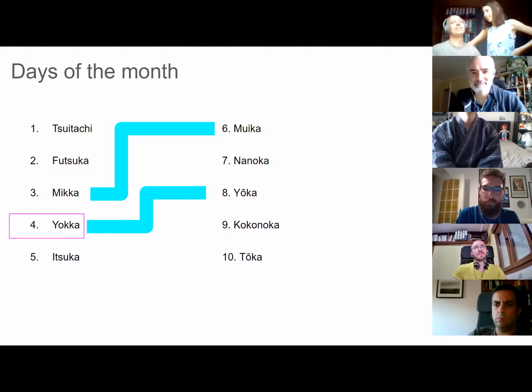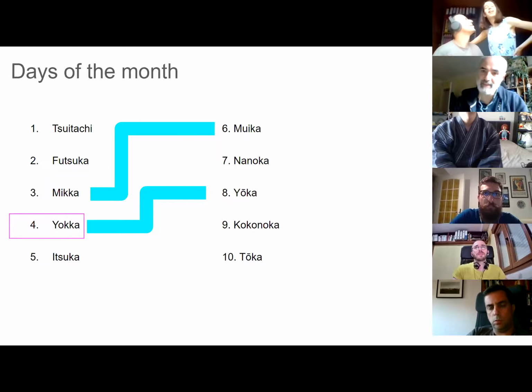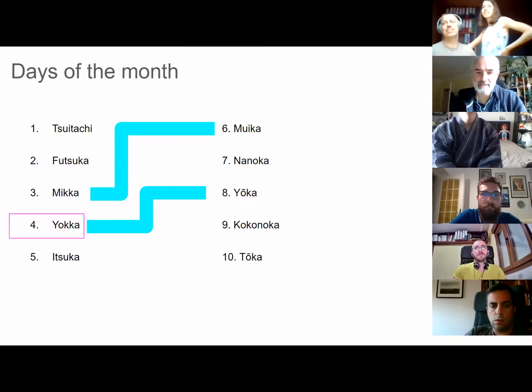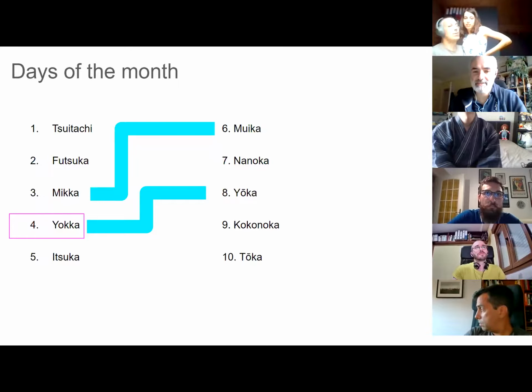Do I put first 土曜日? So 土曜日は and then the month and then the day. 9月 はい。5日です。 Excellent. Good.